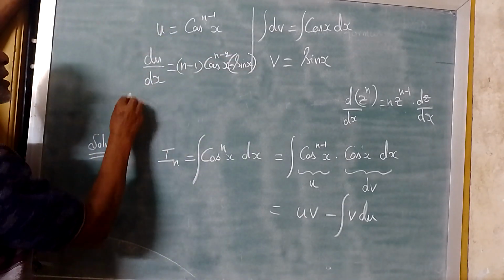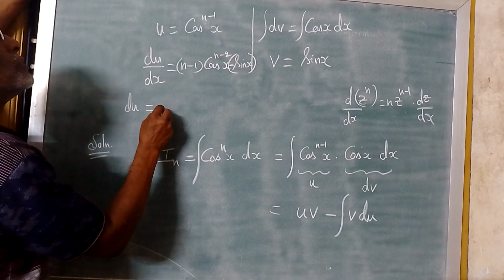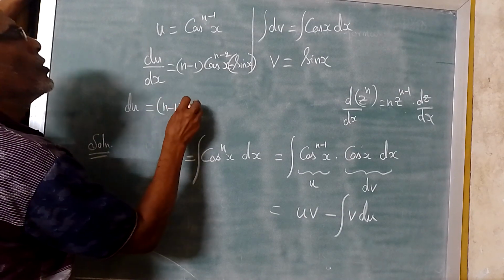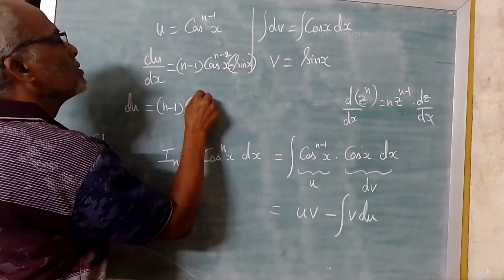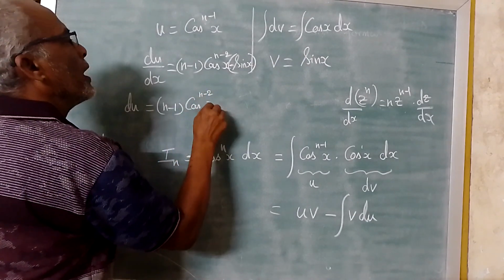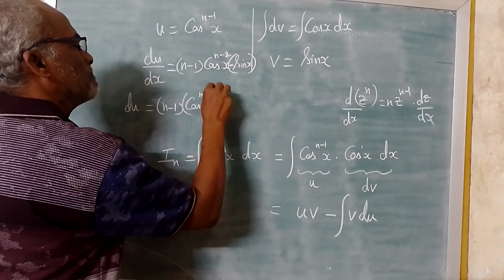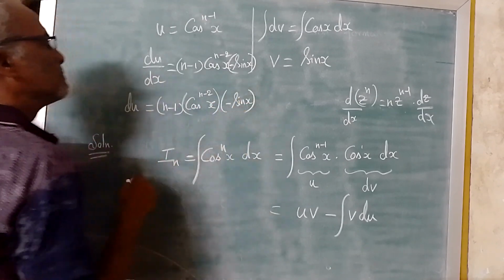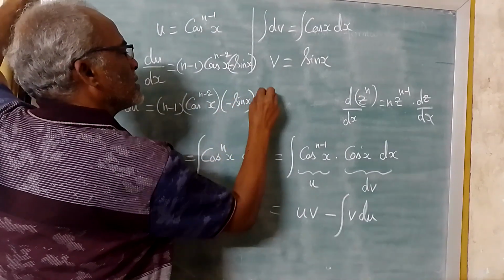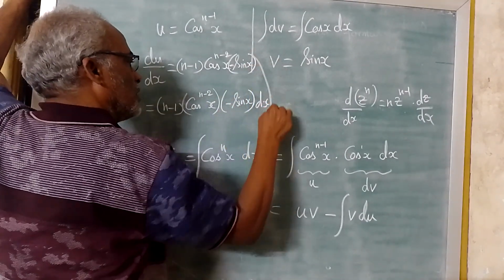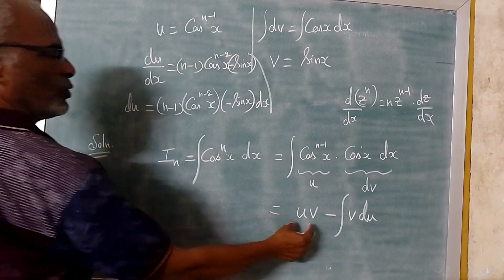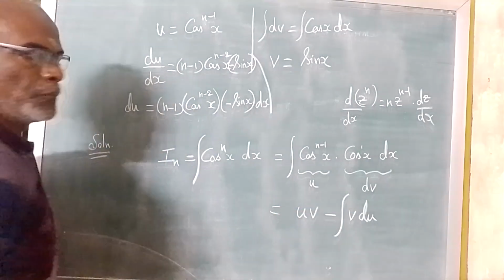So now what will be du? du is equal to (n minus 1) into cos^(n-2) x into minus sin x dx. This dx has gone that side. Okay, this is du. Now we have to substitute here, that is uv minus integral v du.